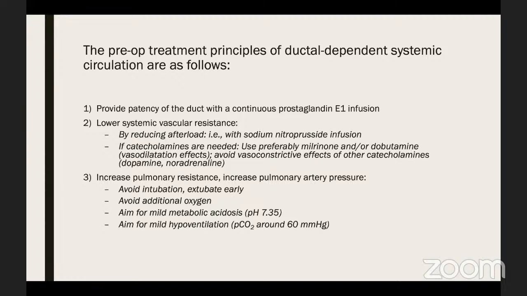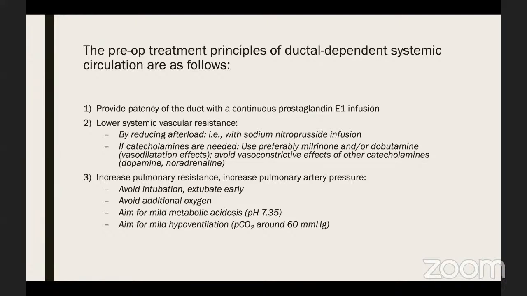Here's the basic principle of pre-op treatment depending on the group. For example, the first group, ductal dependent systemic circulation, like critical aortic stenosis or hypoplastic left heart syndrome. This is the main principle of treatment.